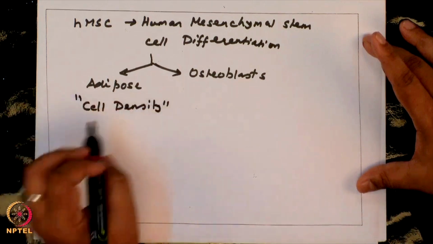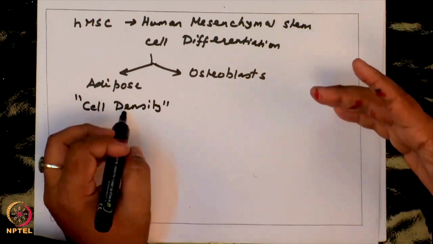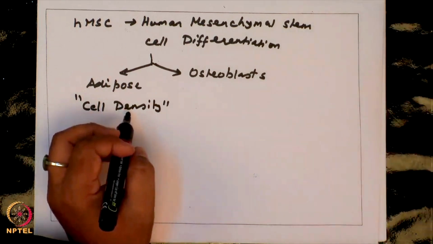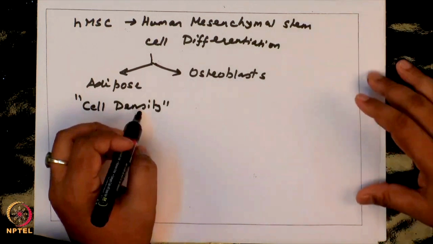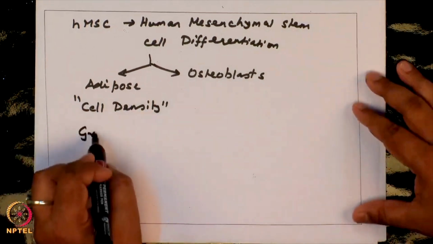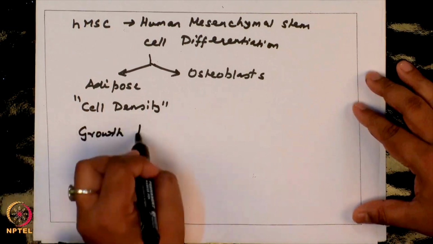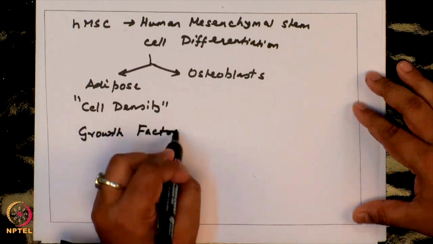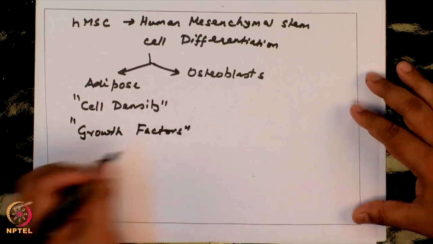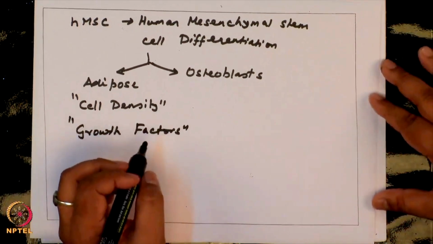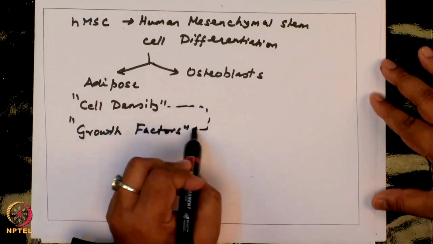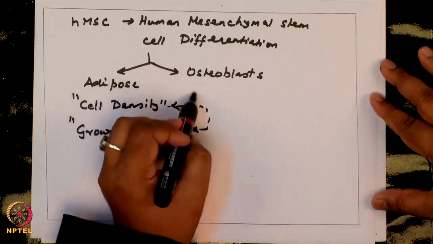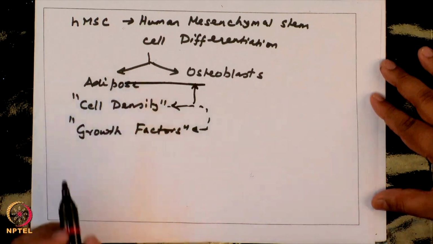The density at which these cells are plated seems to have a strong correlation with the lineage to which these cells differentiate. Of course, one would imagine that growth factors are the only things which determine the overall response. But what is the correlation between cell density and growth factors in relation to this differentiation?